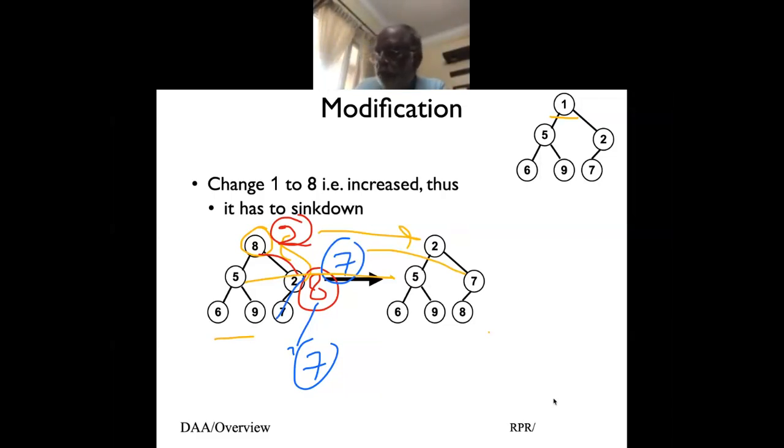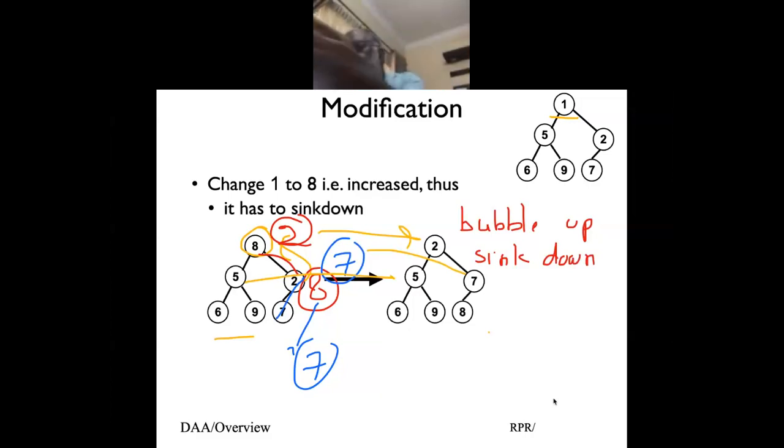So you do either a bubble up operation or a sink down, depending on what you have done. If it is a min heap and you are increasing, it sinks down. If it is decreasing, do bubble up. If it is a max heap and you are increasing, it is going to bubble up. If it is decreasing, it's going to sink down.